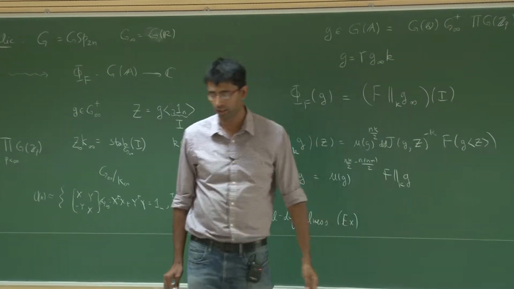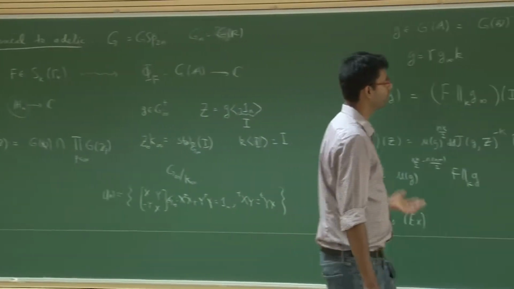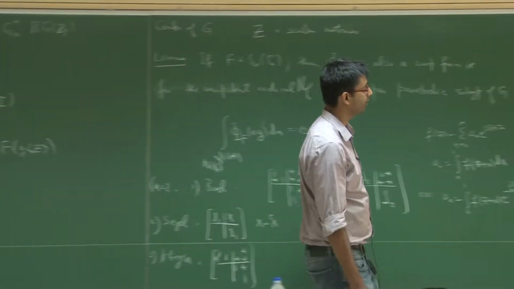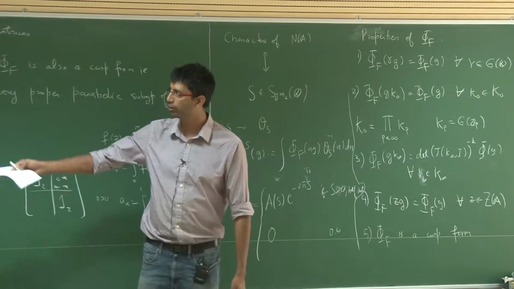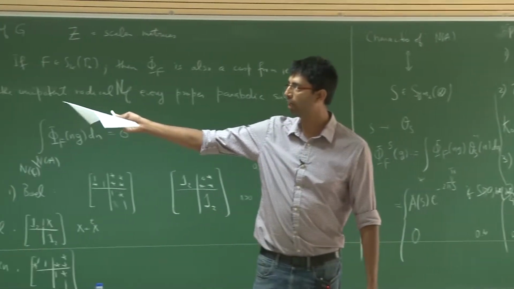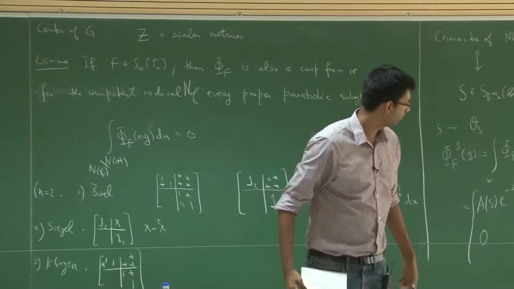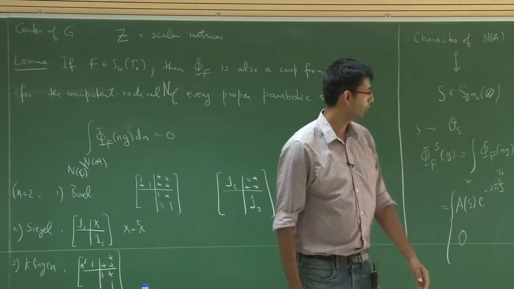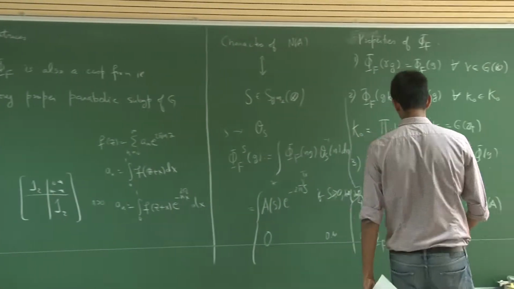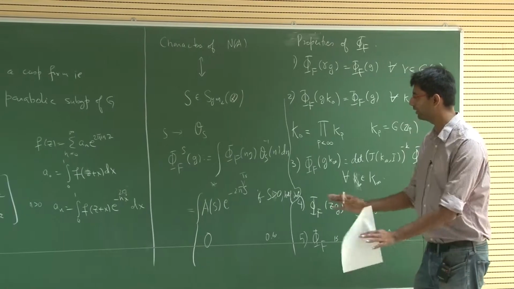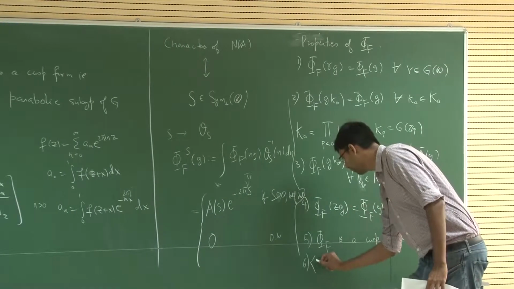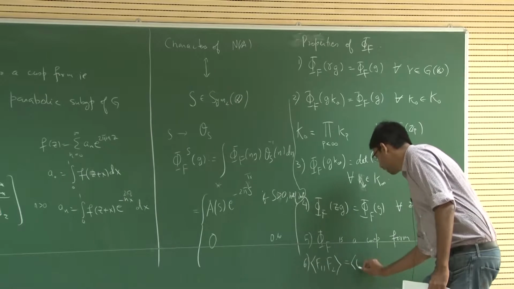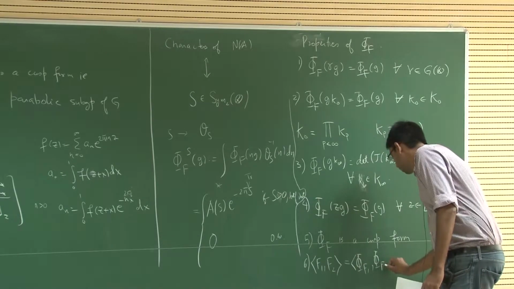So you have an inner product on the L2 space, L2 functions of this space, and you can basically see that whatever inner product you have for f1 and f2, it matches with phi f1, phi f2. I'm going to write it down here and not write down the actual definition. I have left it as an exercise, and it's a simple exercise that <f1, f2> equals <phi f1, phi f2>.